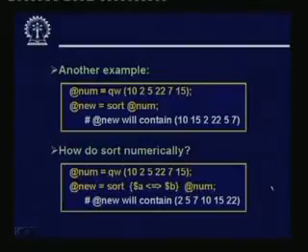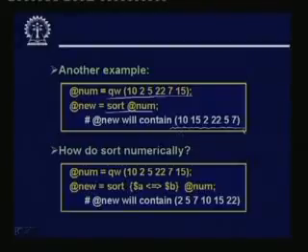But there is a peculiar problem you will see if you try to sort a number array like this. Suppose you had a number array which contained 10, 2, 5, 22, 7, 15, and if you give the sort command to sort this array, you will get a sorted list something like this, which is not what you expect in a numerical sorting.